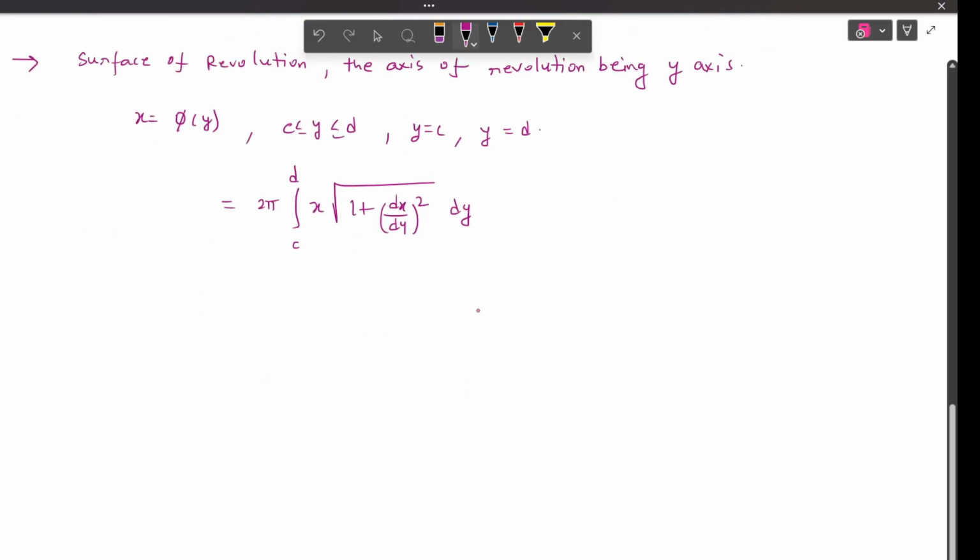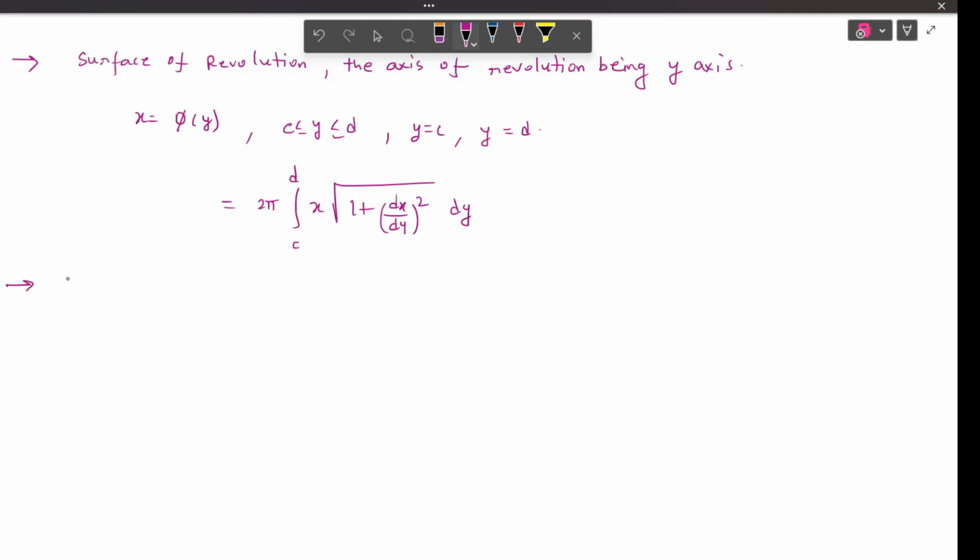And let us say now we want to see the volume and surface of revolution if the curve revolved be given by its polar equation and the polar axis is the axis of revolution.